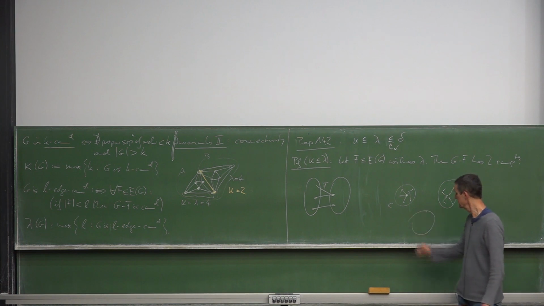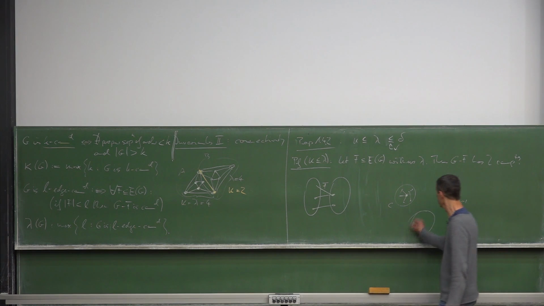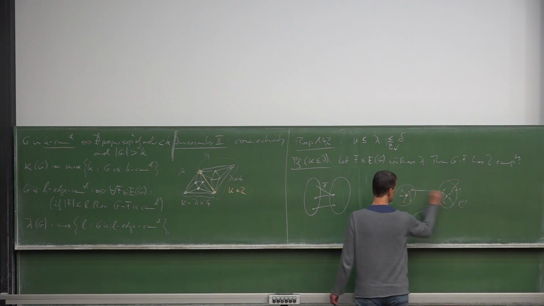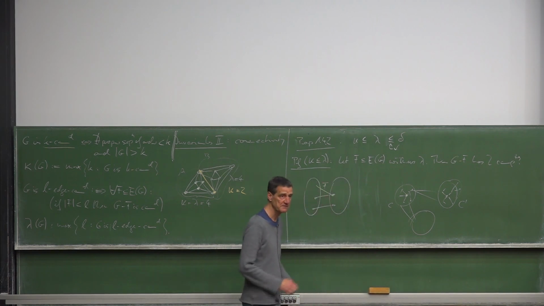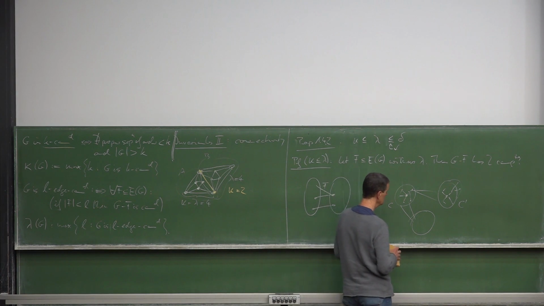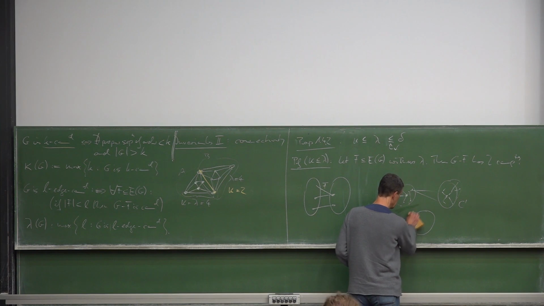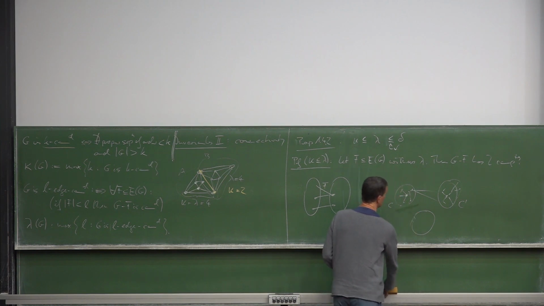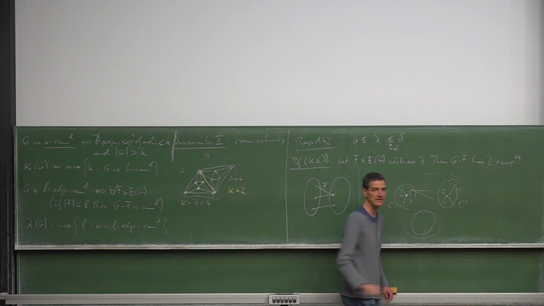Could there be any other component? No, there can't. Why not? Well, you can't have edges of f between more than two of these components because we could then delete some of those edges here, and we'd still have a disconnected graph.